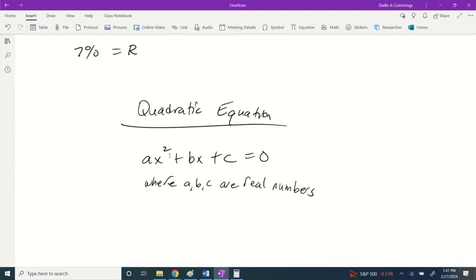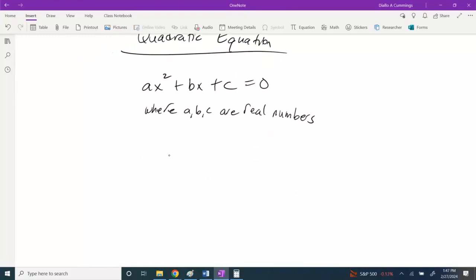Now, in order to solve a quadratic equation, we have methods.